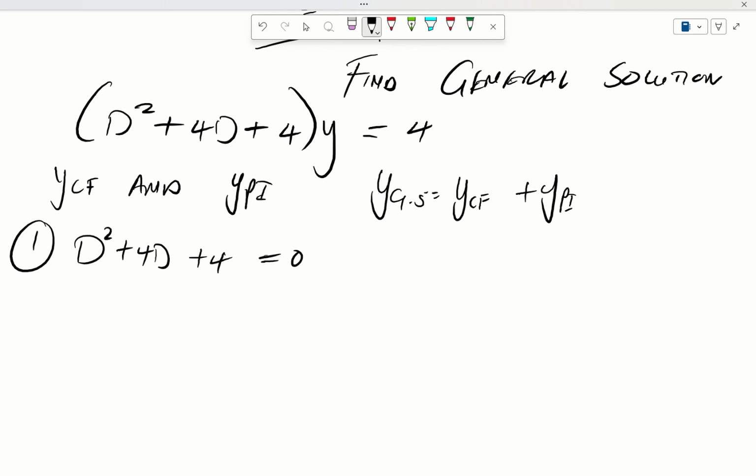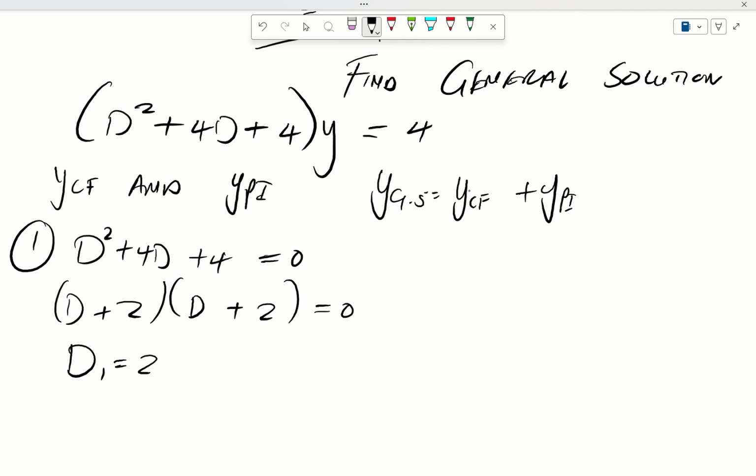Then you equate it to 0, so D1 is equal to minus 2 and D2 is also equal to minus 2. This means D1 equals D2, which equals minus 2.